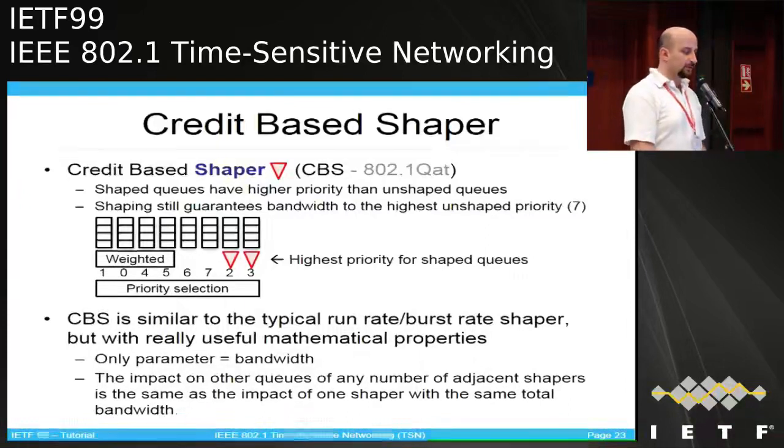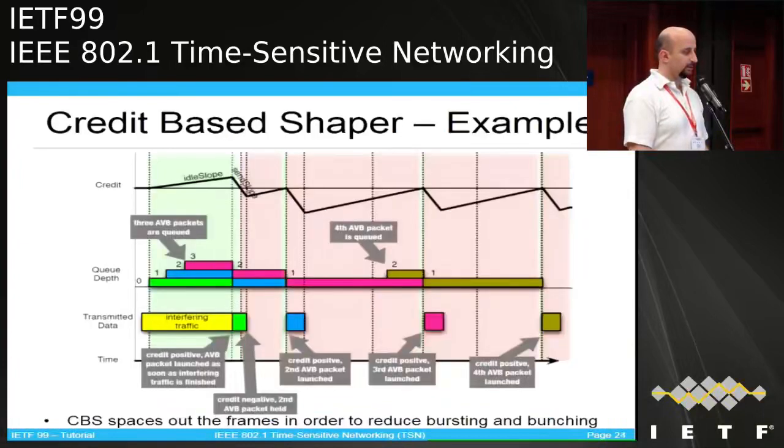The credit-based shaper is similar to a typical run rate, burst rate shaper, but with very nice properties. It has only one parameter to set up, and as I mentioned already, the impact on other queues of the number of adjacent shapers is tractable, and the impact to the other queues doesn't depend on how many shapers you use. Let's see what it is. So why is it a credit-based shaper?